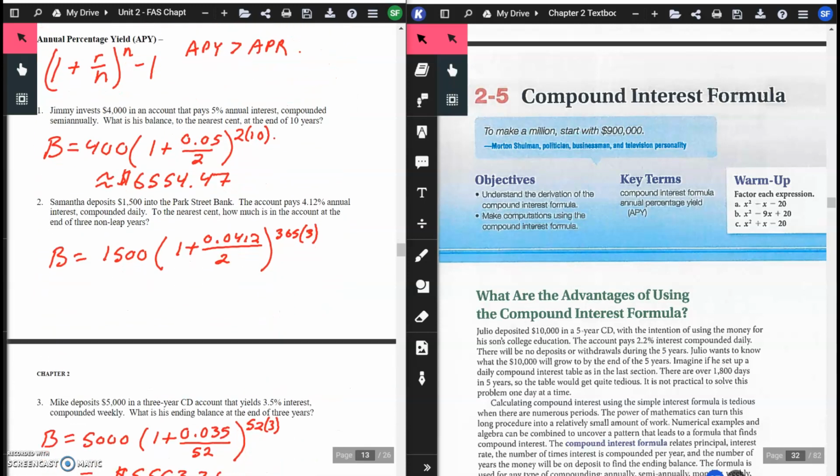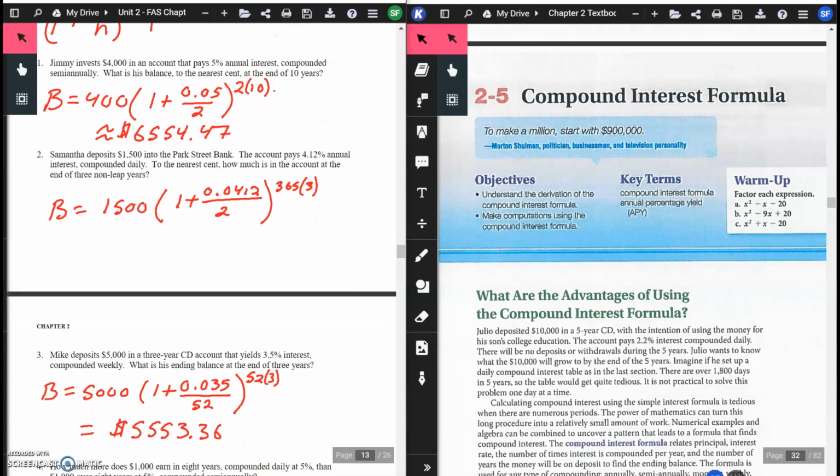Number 1, Jimmy invests $4,000 in an account that pays 5% annual interest, compounded semi-annually. What is his balance to the nearest cent at the end of 10 years? So B equals 4,000, that's the initial principal or investment, times 1 plus 5% as a decimal over 2 because it's compounded semi-annually.